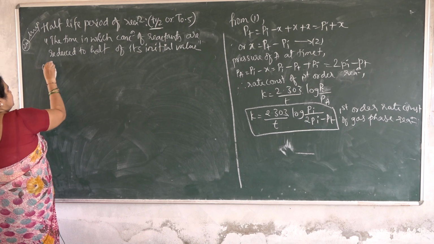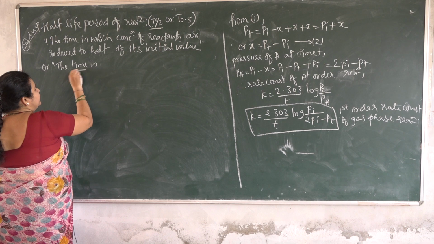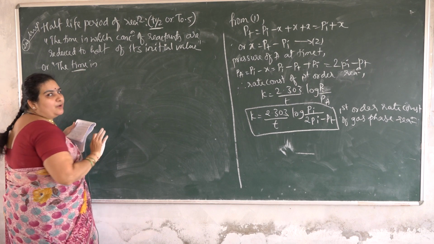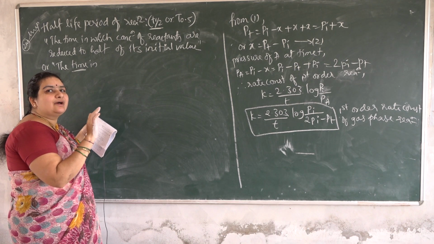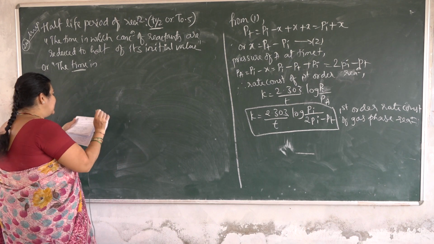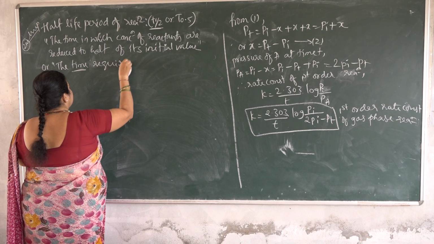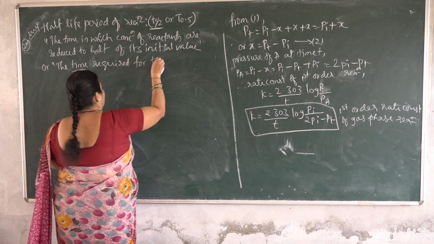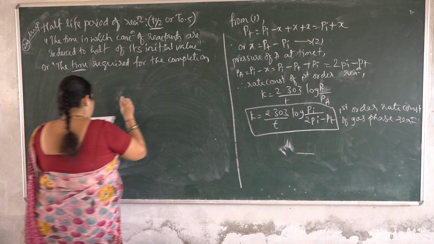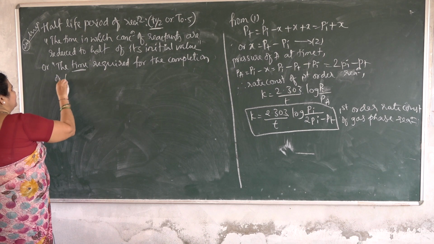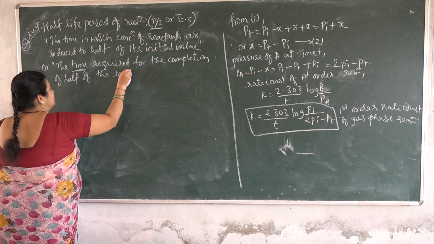Or the second definition: the time. Remember, the word time is so important here. If you miss the word time, then that definition has no meaning. Okay, time required for the completion of 50% or half of the reaction.